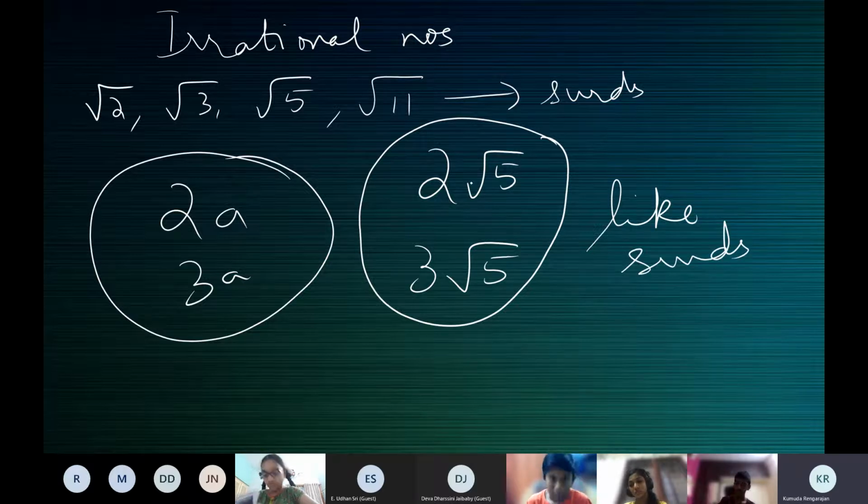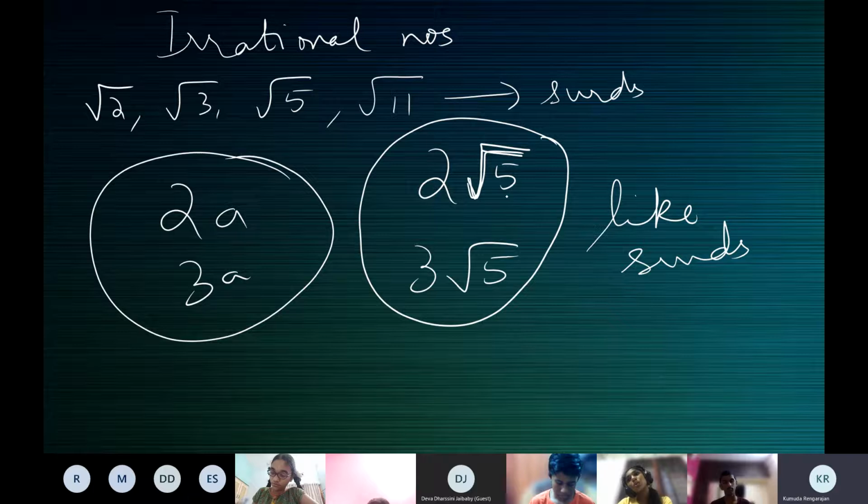They're irrational because the value of √5 is a non-terminating, non-repeating decimal. Listen to this carefully. What is 2√5? 2 into √5, meaning 2 multiplied by √5.